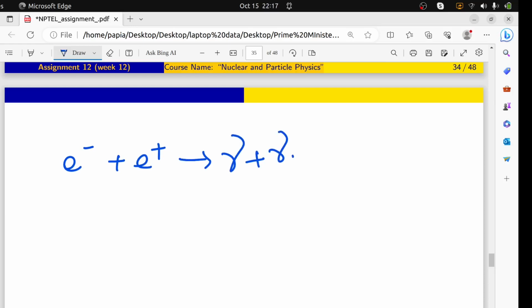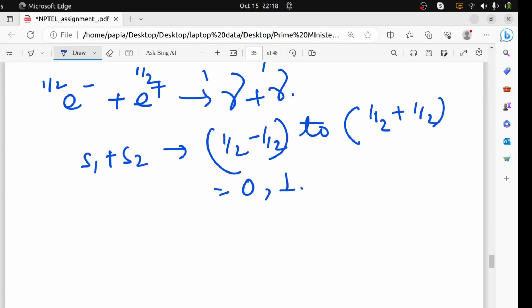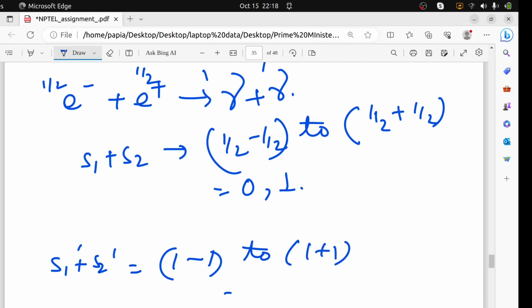Why? You can see here that our lepton has spin half, so h1 plus h2. Similarly, if I write h1 prime plus h2 prime, 1 minus 1, 1 plus 1, which is 0.